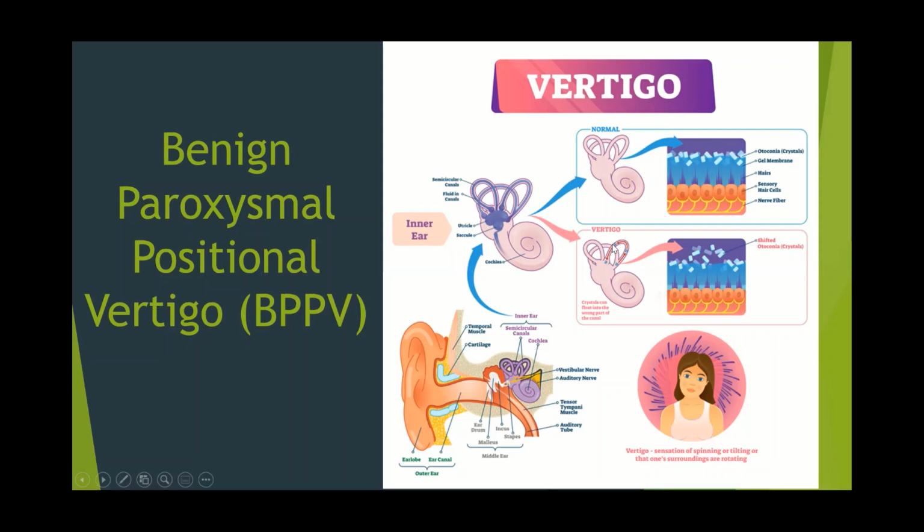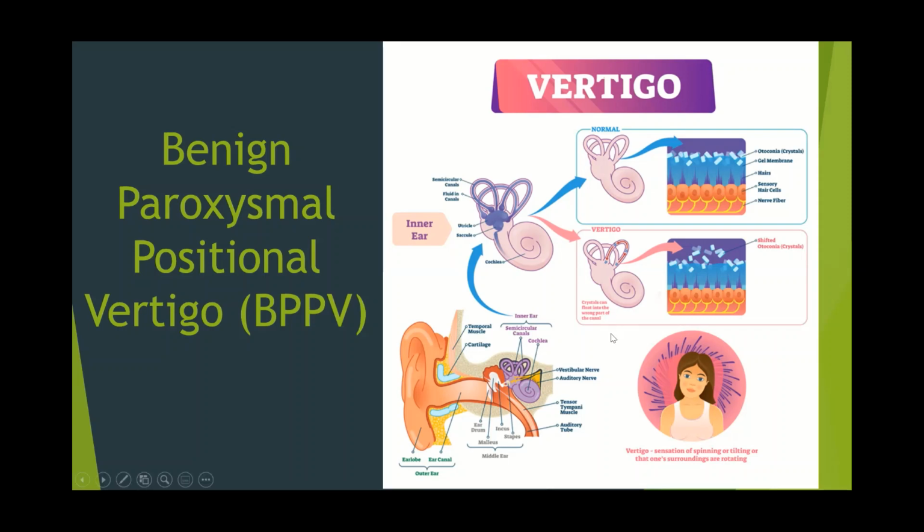If there are little crystals within these canals, that fluid can't flow as freely. It's similar to a stream of water: as soon as you put rocks in the water, the stream does not flow as freely. So if crystals are dislodged within these canals, the signal that gets sent to the brain telling you where you are and what direction you're turning your head gets disoriented.